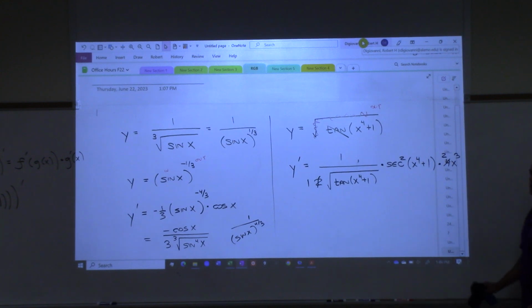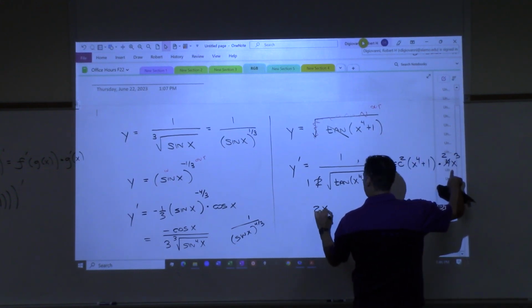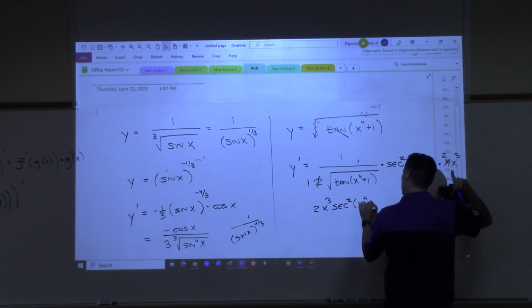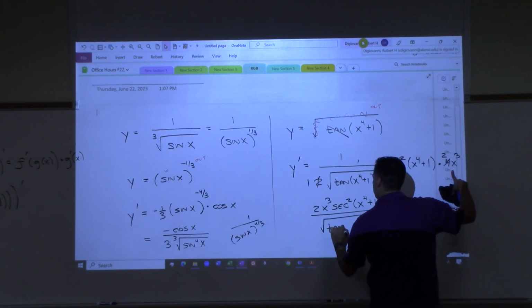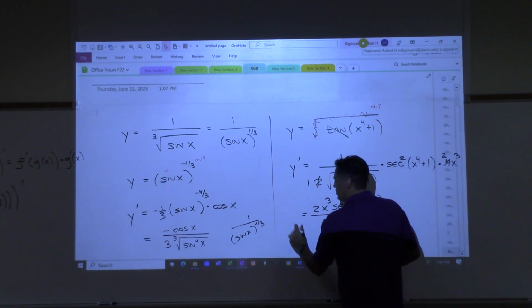That can go, and let me slide all that on top. I'm going to put the 2, the x cubed, in front of the secant squared of x to the fourth plus 1, all of that over the square root of tangent of x to the fourth plus 1. There we go. There's our derivative.